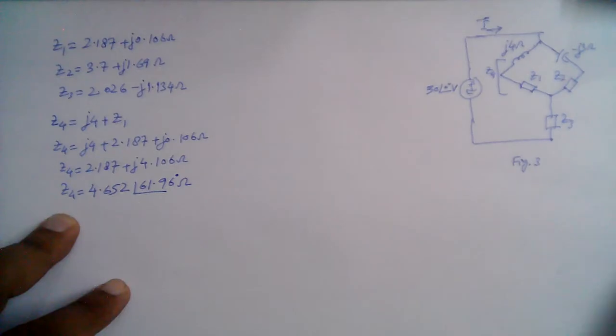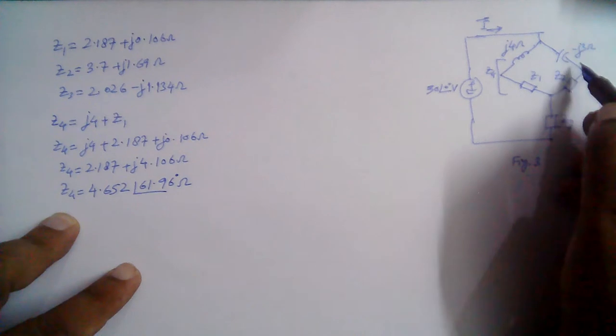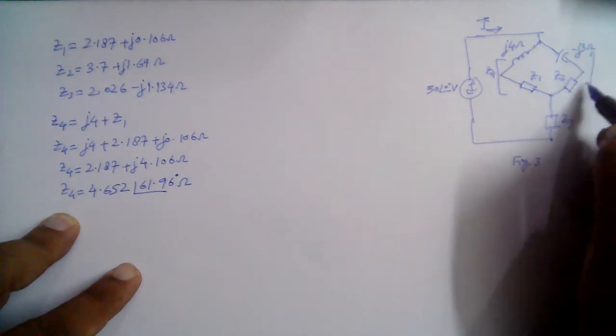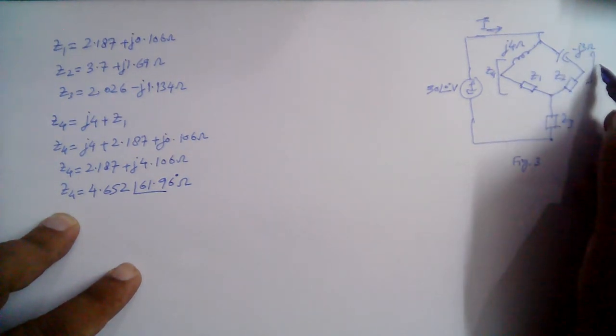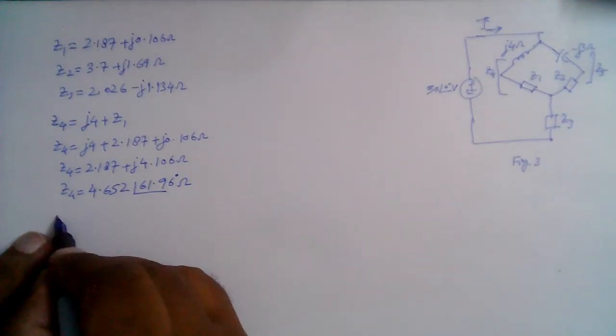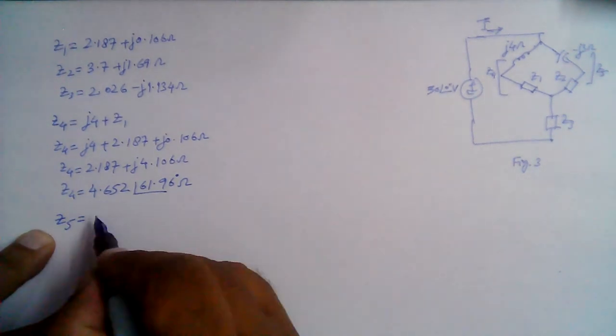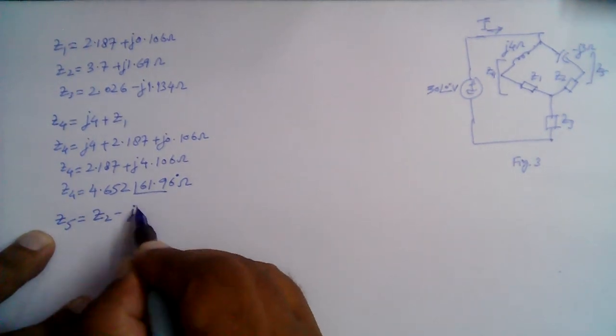Similarly, let's call the equivalent impedance of this series combination to be Z5. So Z5 is equal to Z2 minus j3.